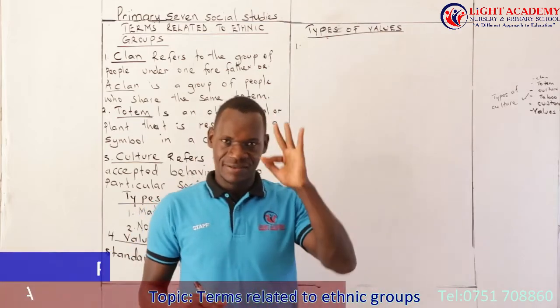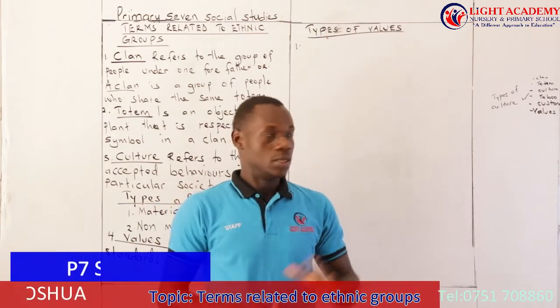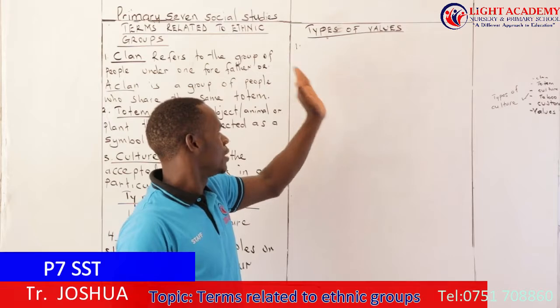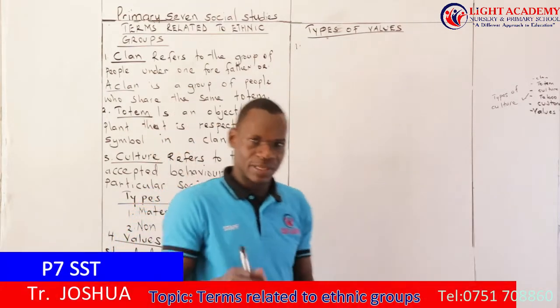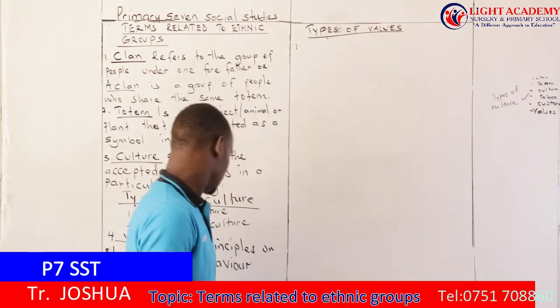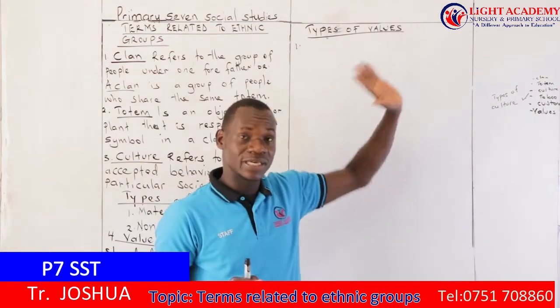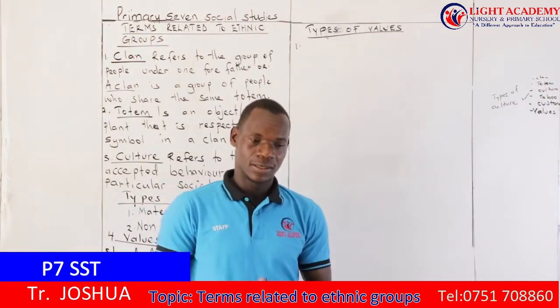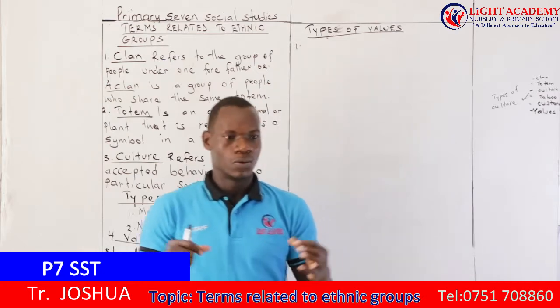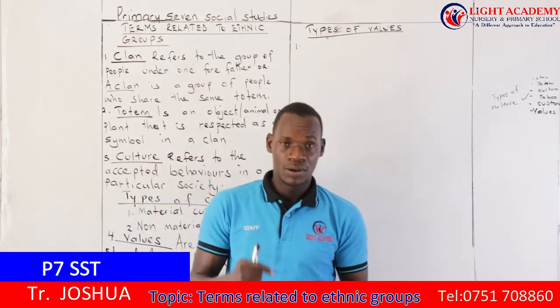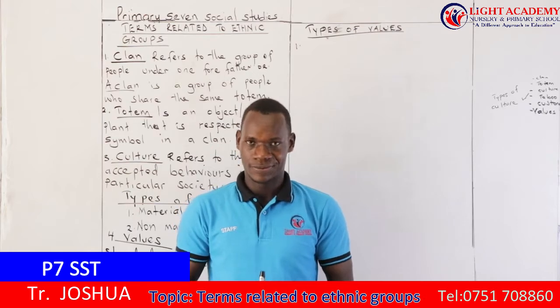And there are majorly three types of values. Namely, these principles, or rather the standards of behavior of a society, they are three in number. Types of values is what we are looking at. One of them, we have family values.